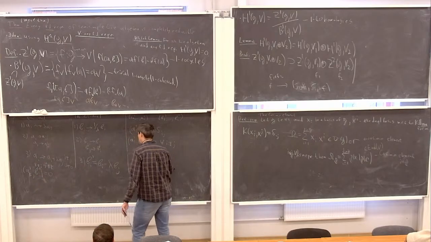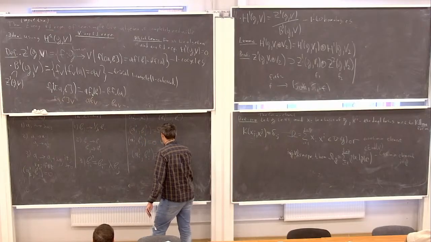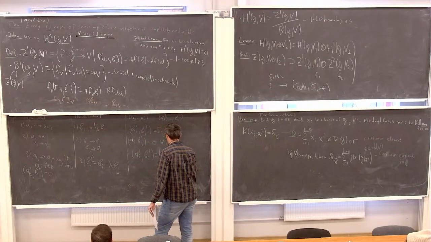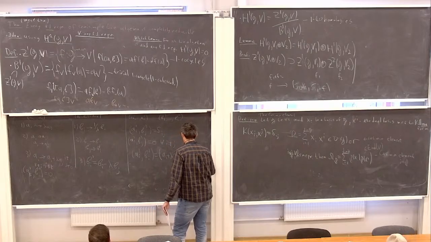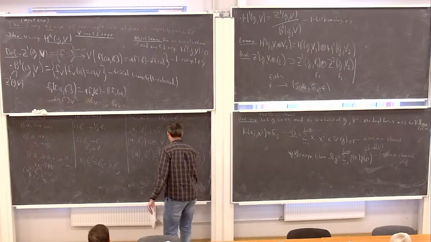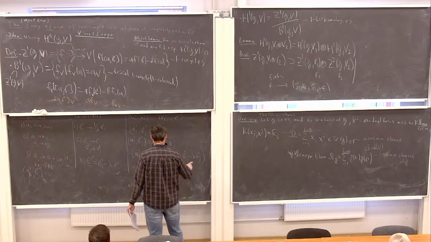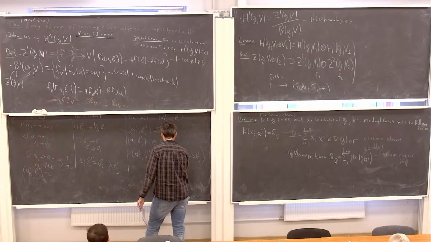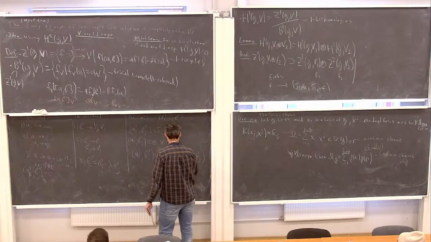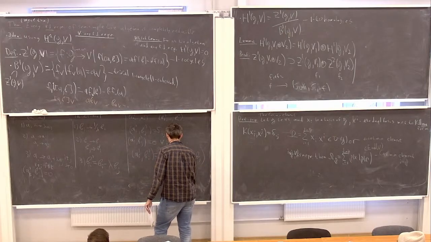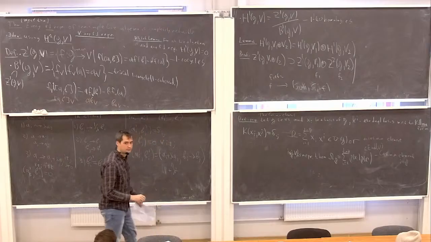Here you get a_i b_i, it is 1, plus, so these are zeros, and this is plus lambda, 1 plus lambda squared, right?